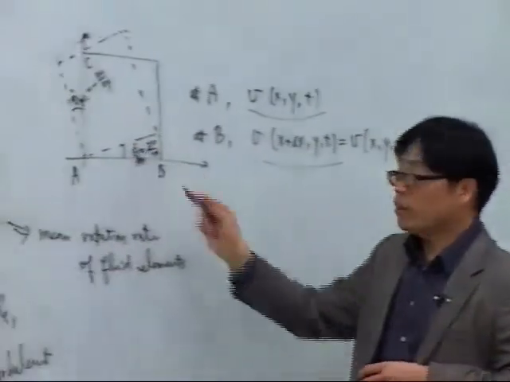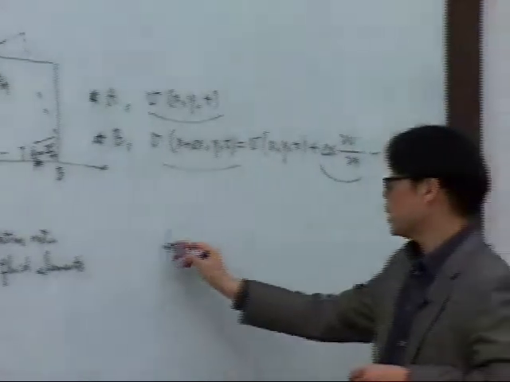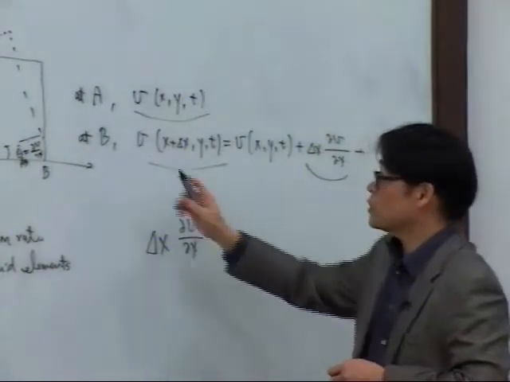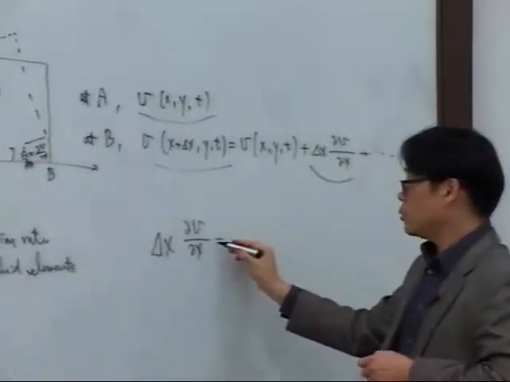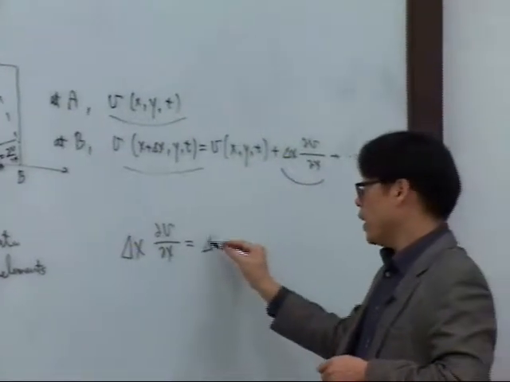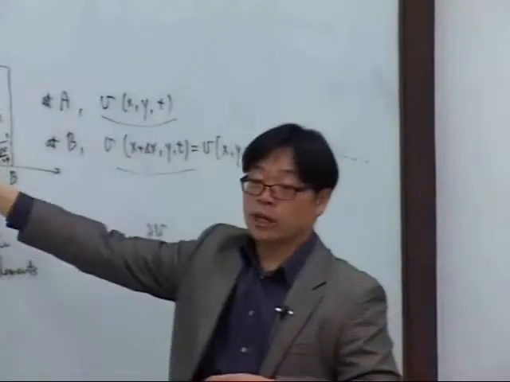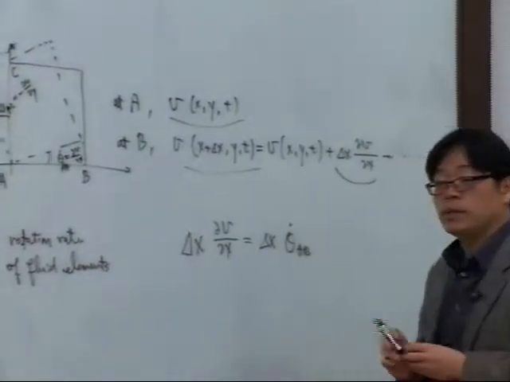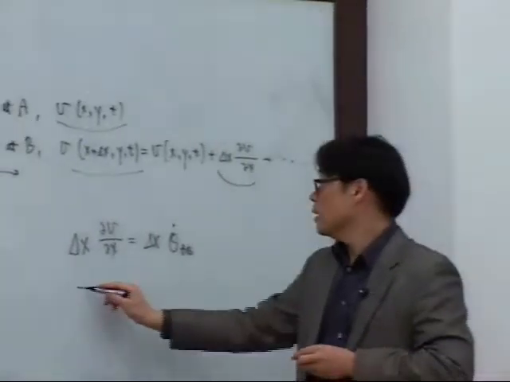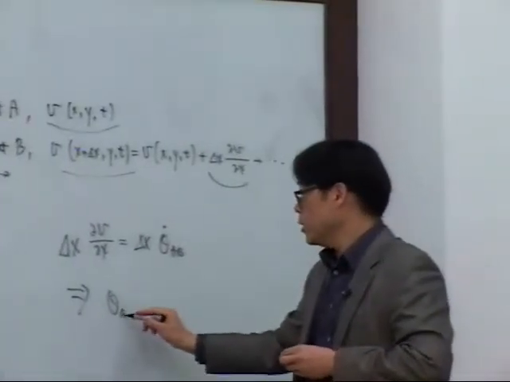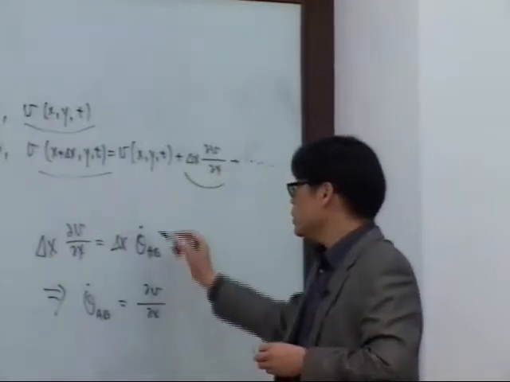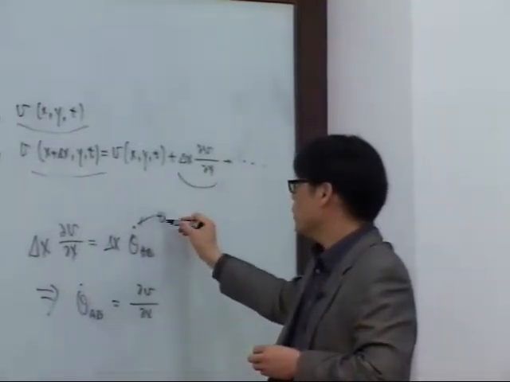To find the angular velocity, delta x dv/dx is the difference in the vertical velocity. That has to be the same as delta x, this is the arm, times the angular velocity, which is theta AB dot. Okay, that's why I get theta AB dot is equal to dv/dx. Here, this dot means time derivative.